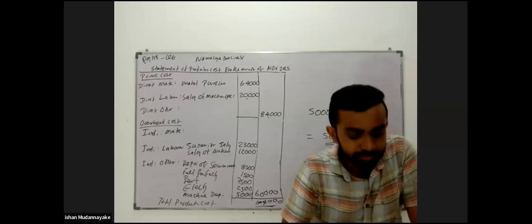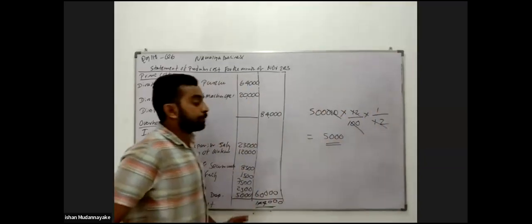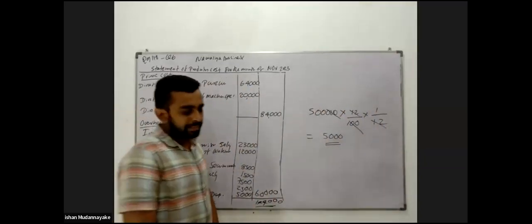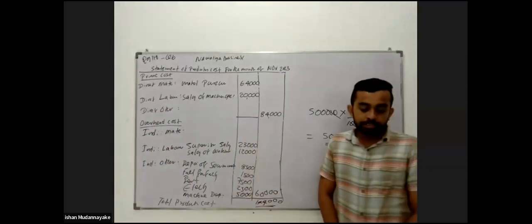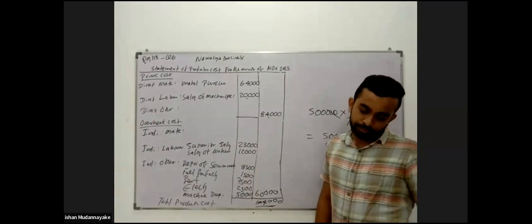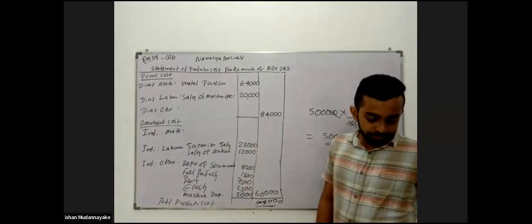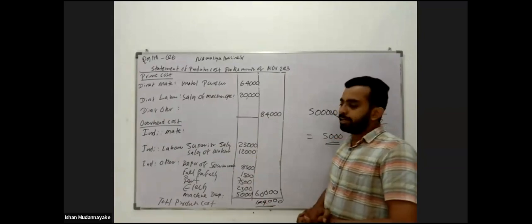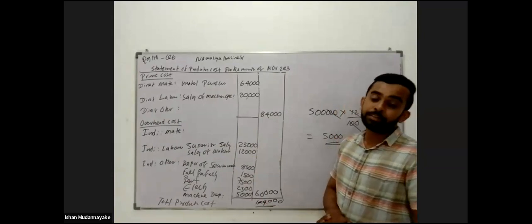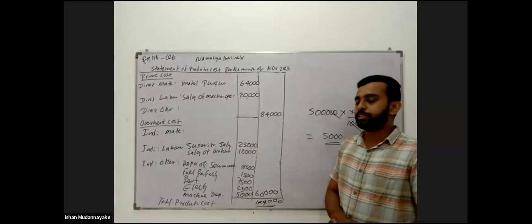Then students, that is the end of chapter 7. Next day we will discuss the last session, chapter 8, investment. After completing chapter 8, the syllabus is over and we can start papers plus revision.